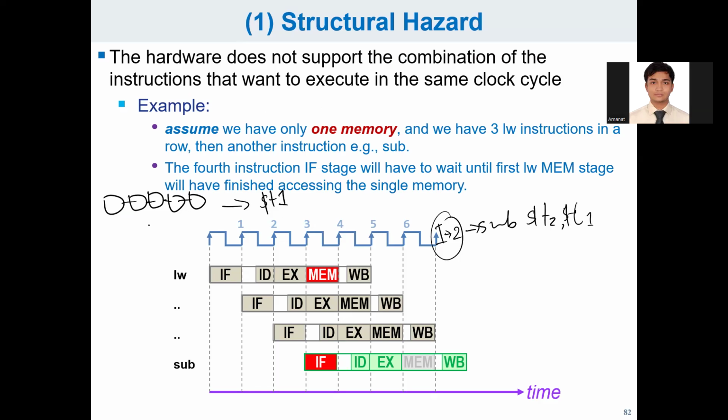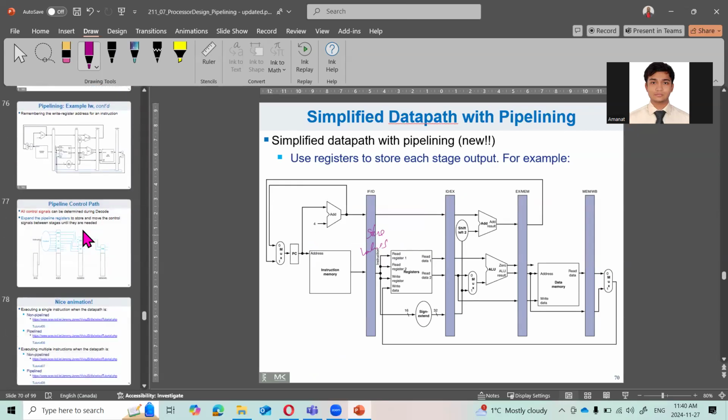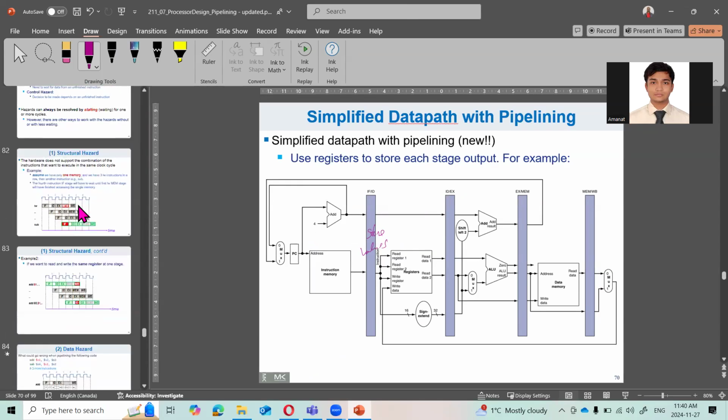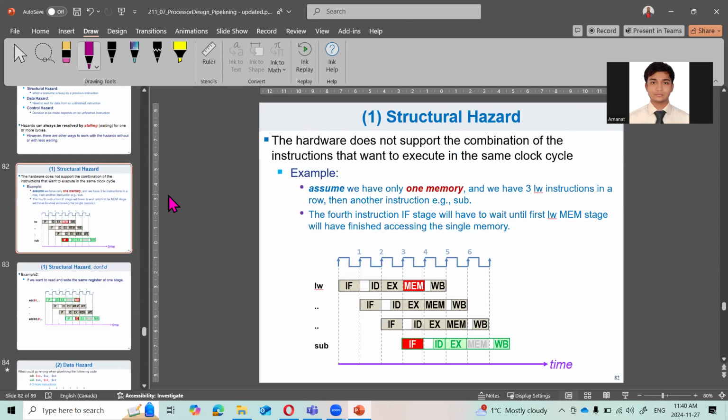So one way we resolve it is using stalling. So what stalling is, these clouds that say, so one way of stopping these is if you introduce stalling. So if you have these boxes, that means you're running an instruction, right?